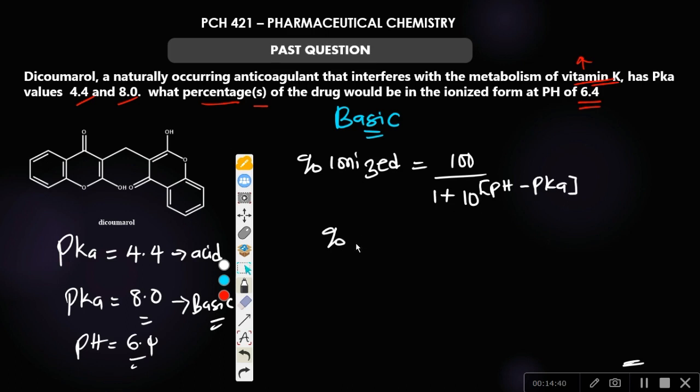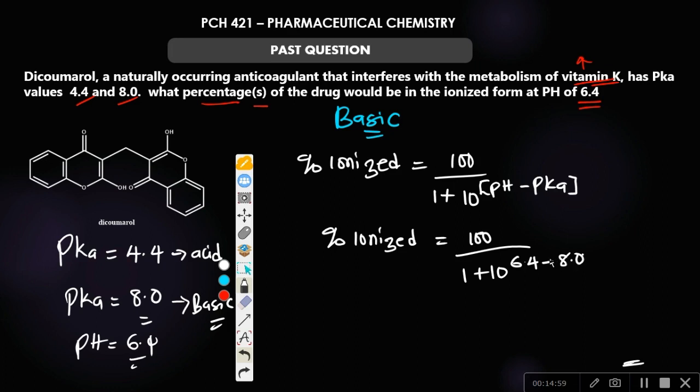So percentage ionized will be 100 divided by 1 plus 10 raised to the power of 6.4, which is the pH, minus pKa 8.0.